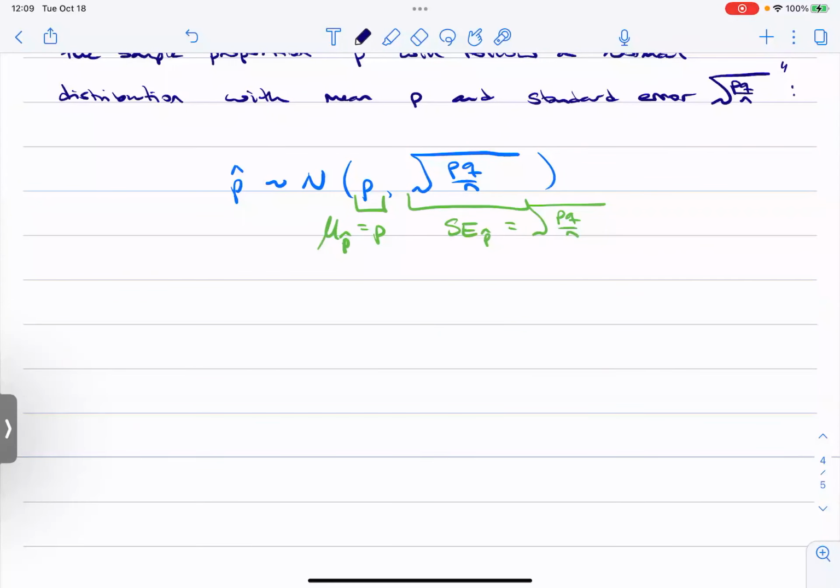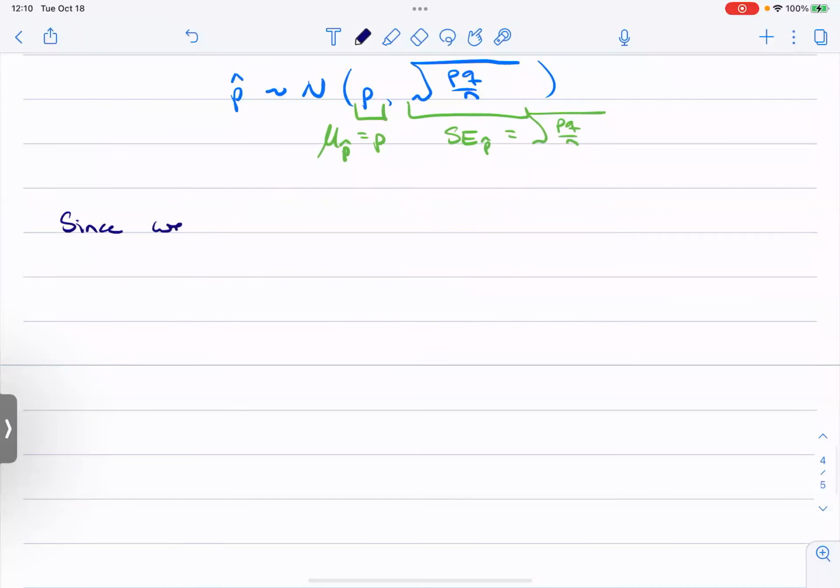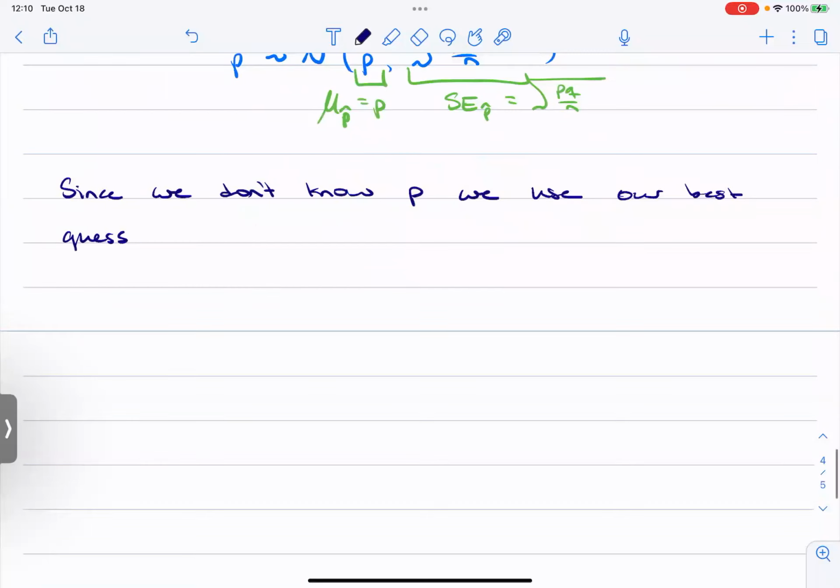Since we don't know p, we use our best guess at what it is, which is p hat.